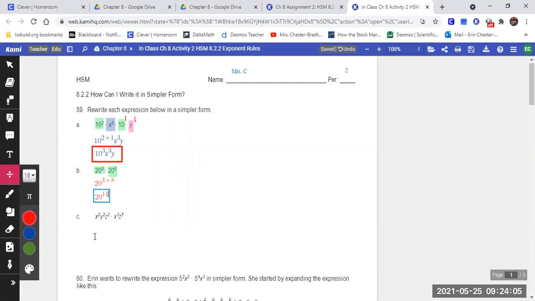Okay. So look at it carefully. How many colors am I going to need? How many different bases do I have? 3, because I have X, I have Y, and I have Z.